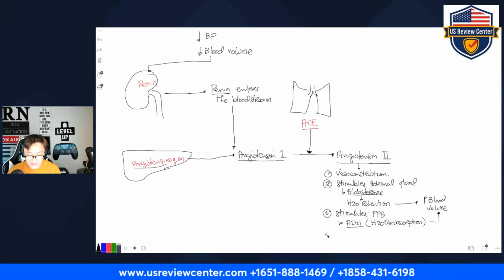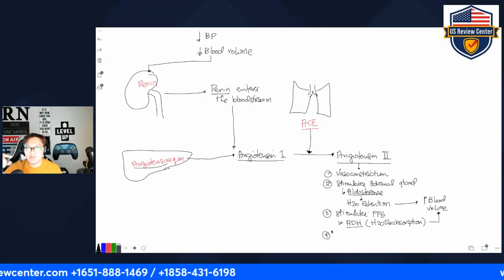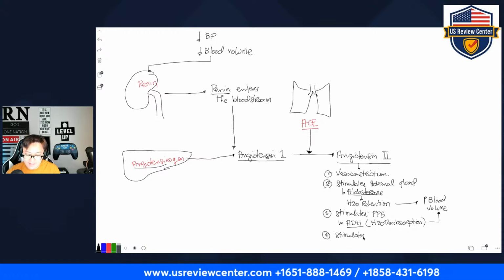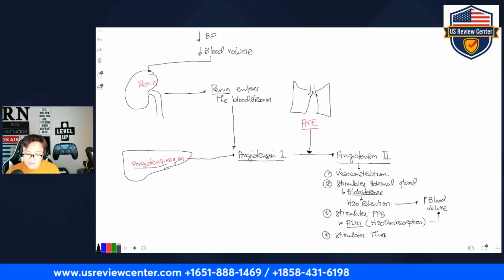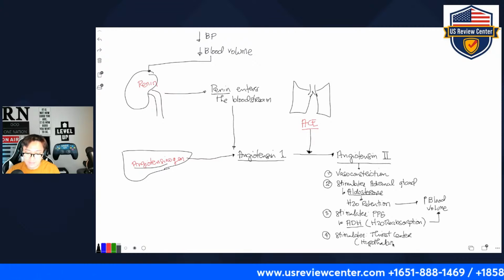And the fourth effect of your angiotensin 2. Your angiotensin 2 will trigger your thirst center in your hypothalamus, okay? It stimulates the thirst center. Where? In your hypothalamus.